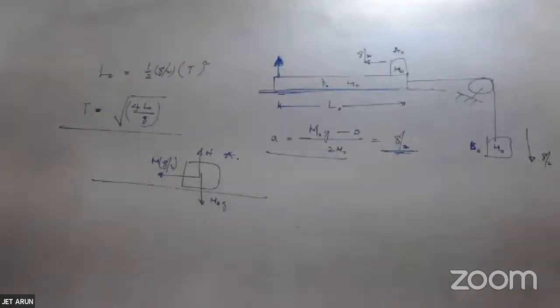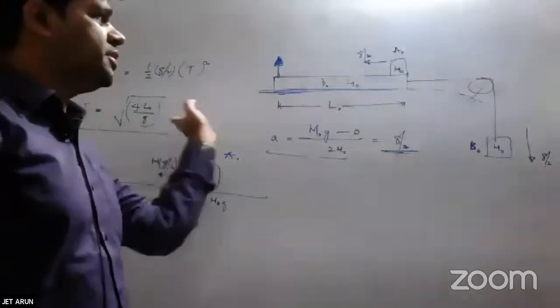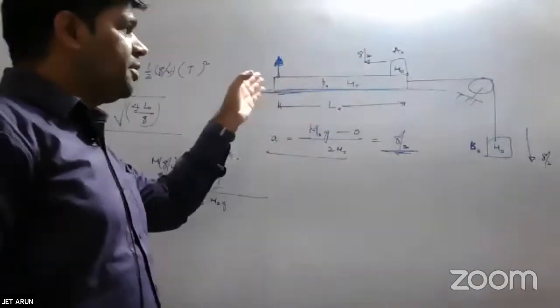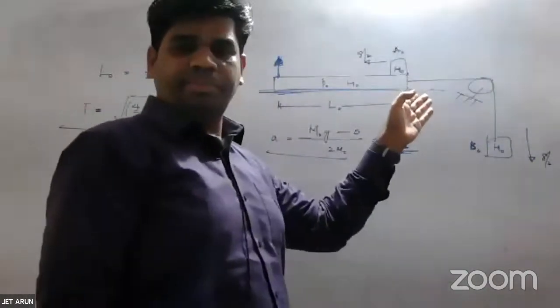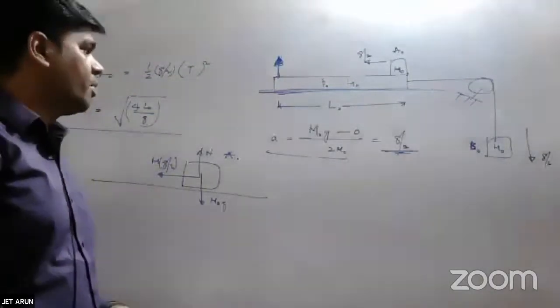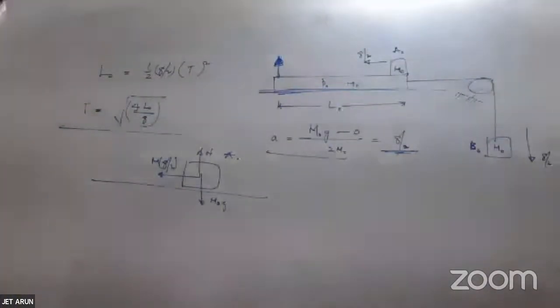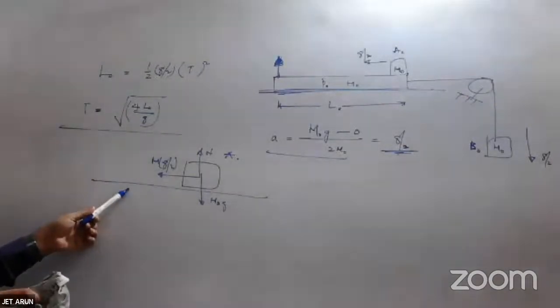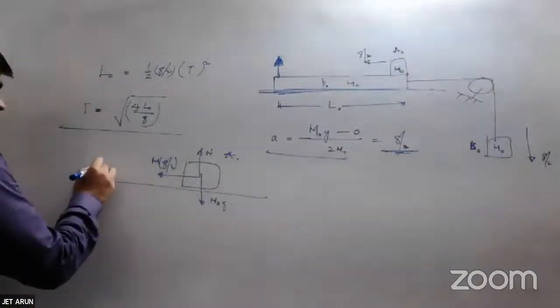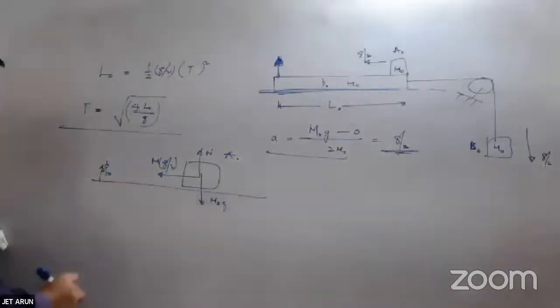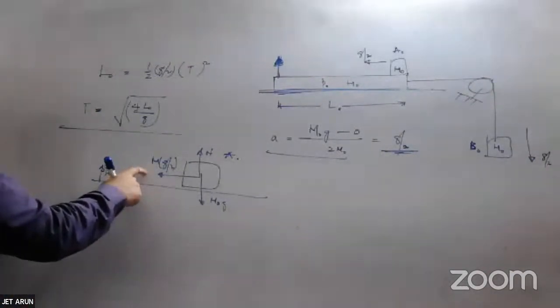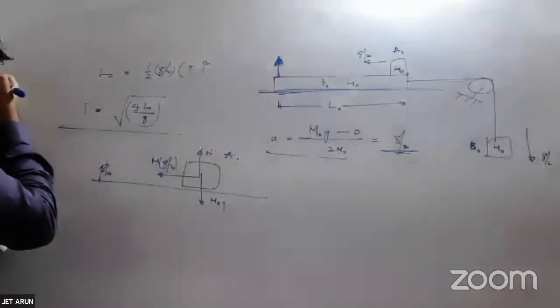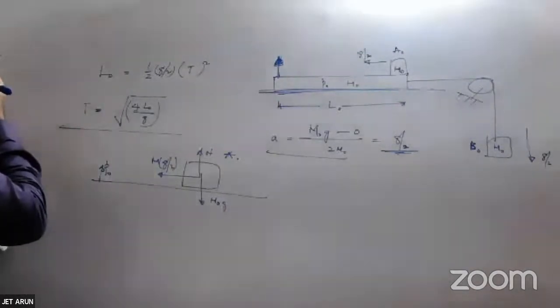No. The block remains there itself, but the plank is moving underneath it, slipping underneath block A. So here the pseudo force is applied with respect to the plank. I'm standing on the plank here. This unbalanced pseudo force is what results in an acceleration of g/2.